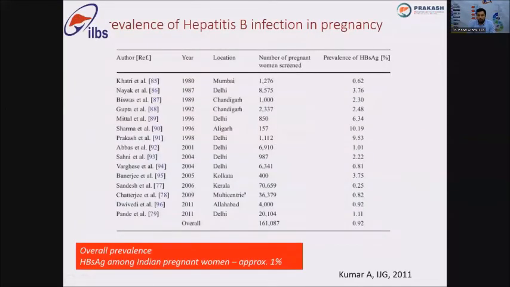Coming on to the prevalence of hepatitis B in pregnancy, a study done in India at multiple centers showed the overall prevalence of hepatitis B among Indian pregnant females is approximately 1%.